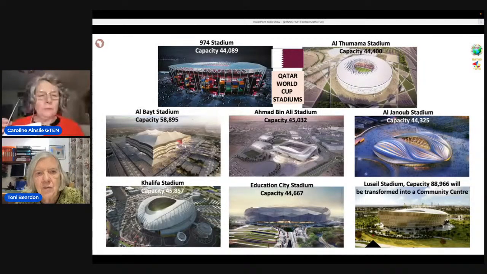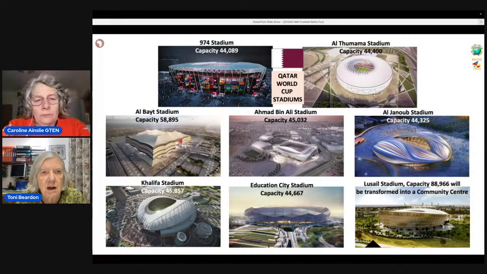Now, I found these pictures of the stadiums that Qatar has built. Aren't they beautiful? They are stunning.